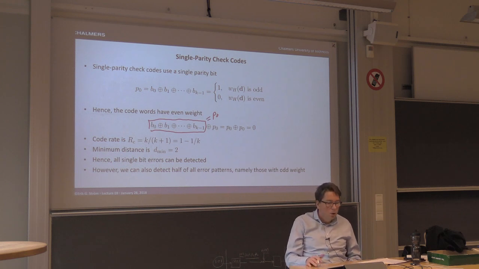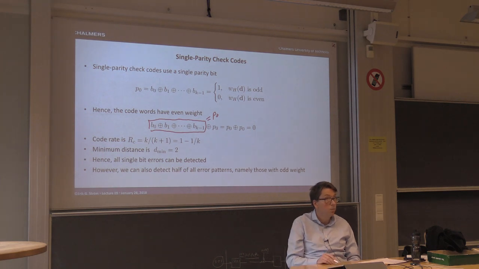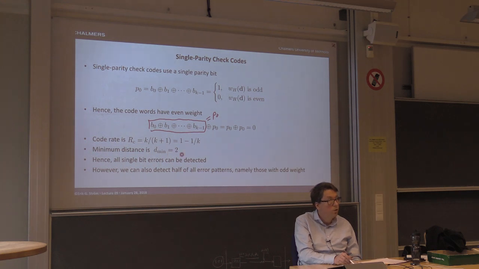The code rate of this: we have k information bits and k plus 1 code bits. So the code rate is quite high, it's 1 minus 1 over k. When k is large, the code rate is very close to 1, which is the best we can hope for. Minimum distance is 2, which is pretty poor.